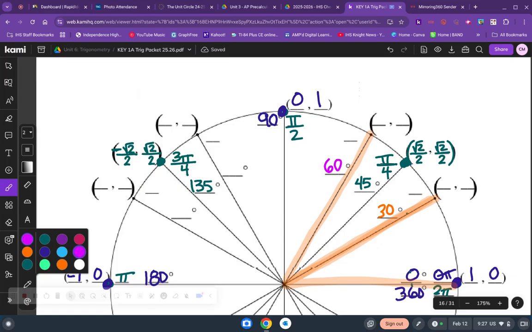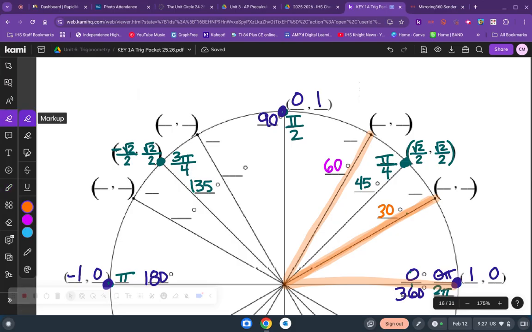These are the special right triangles, the 30, 60, 90, and then the 45, 45, 90. You learned a little bit about them in geometry, which it's really kind of cool how all of that comes together to make up the unit circle. We could spend a whole day of class just discussing how the unit circle comes about. But for now, let's keep going.